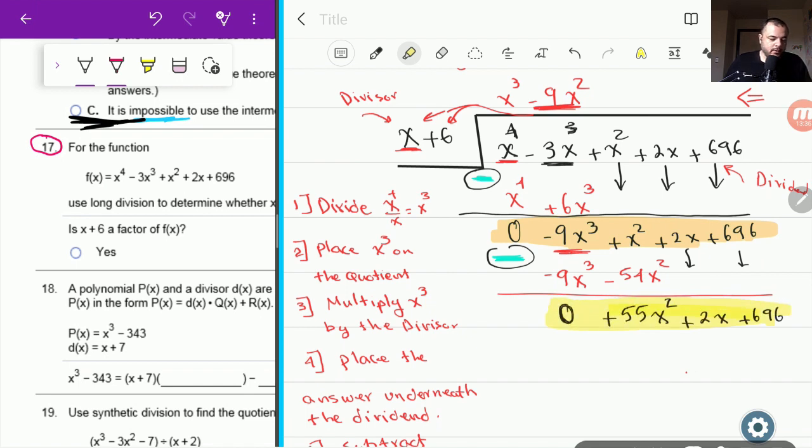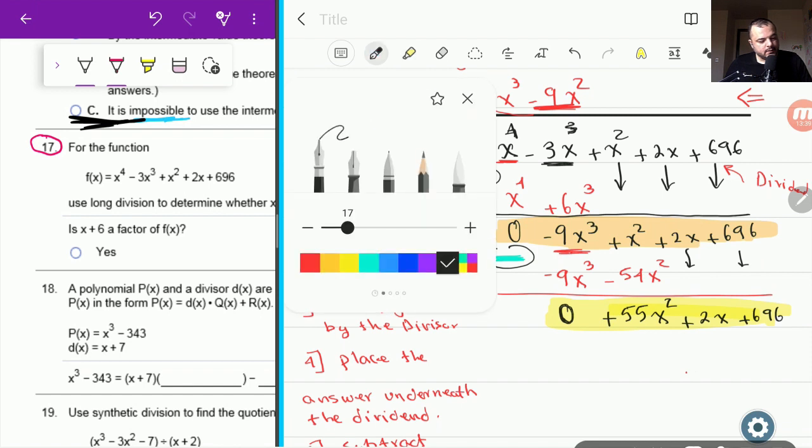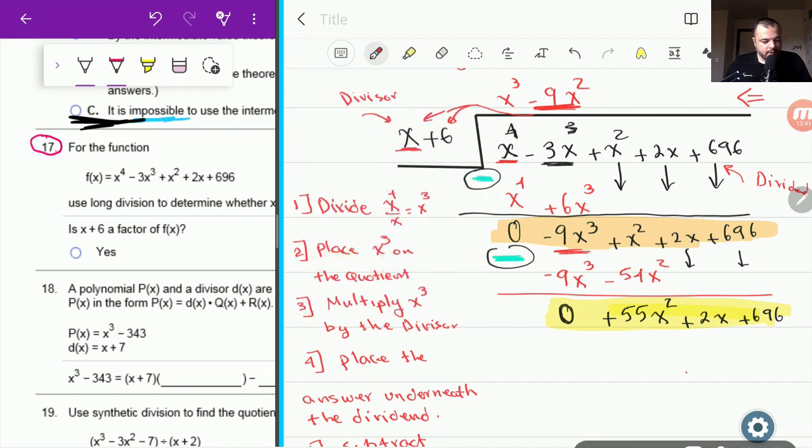I'm going to start over again. So divide 55x squared divided by x is positive 55x. When you divide, you finish, then you multiply. Now multiply this one, and we ignore the other. So this one times x times 6. 55x times x is 55x squared.